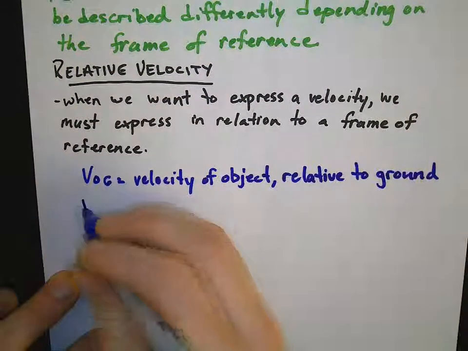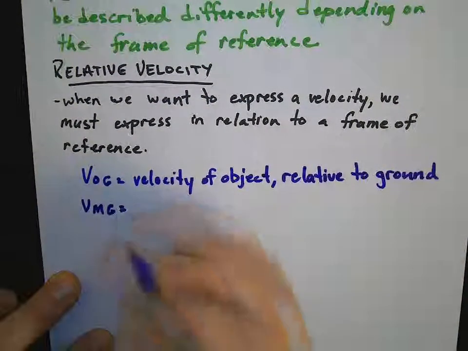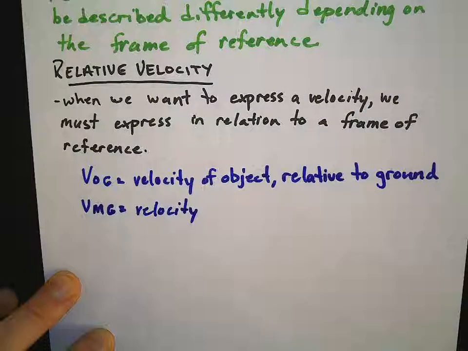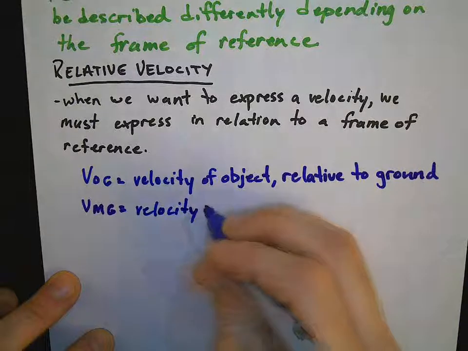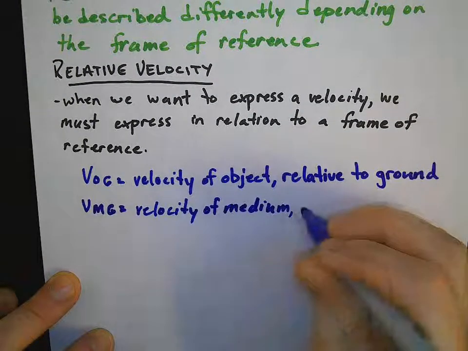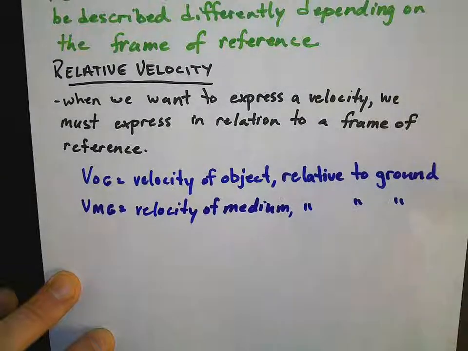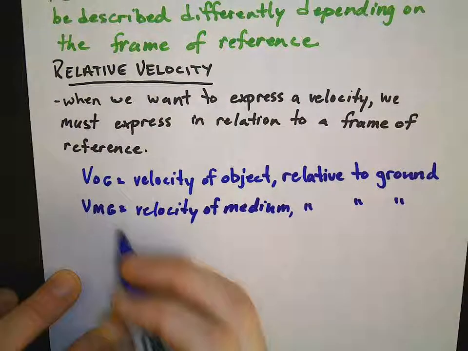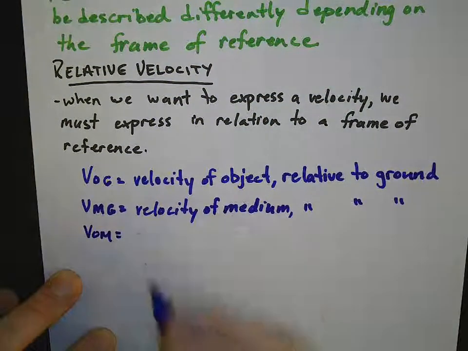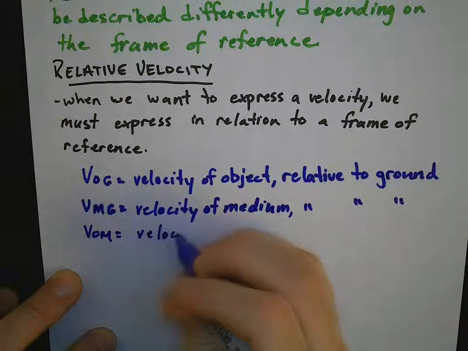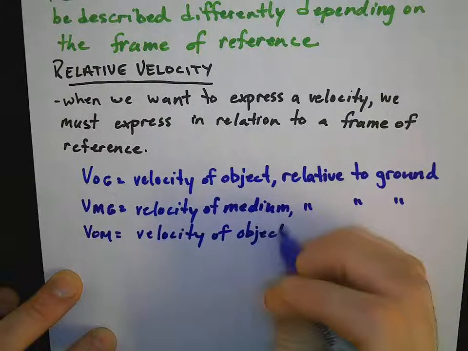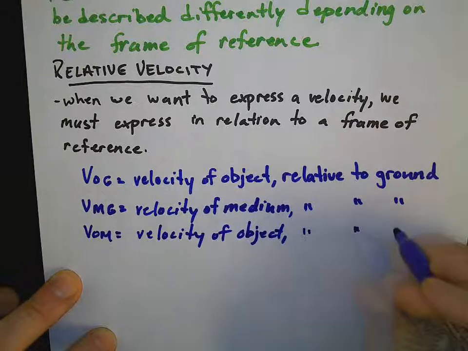We will have the velocity of the medium, the substance it's passing through, relative to the ground. And we'll have our velocity of our object relative to the ground.